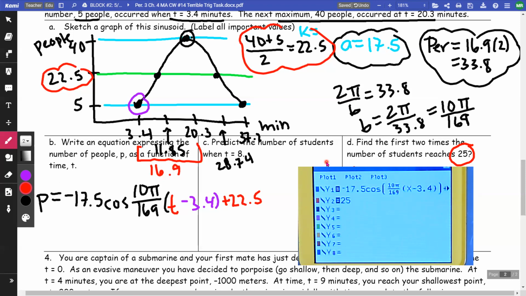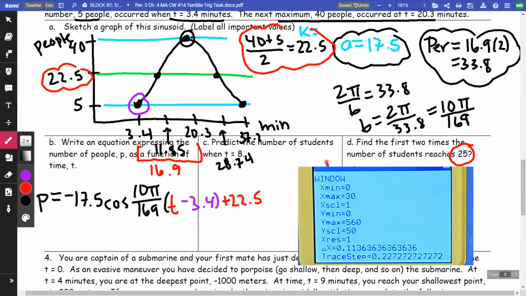I want to scale my graph to look like the graph on my paper. So I'm going to hit window. I'm going to go from 0 to, let's say 40, because I have 37.2, by, let's say 2s, doesn't really matter. My Y's are going to go from 0. My max is 40 people.